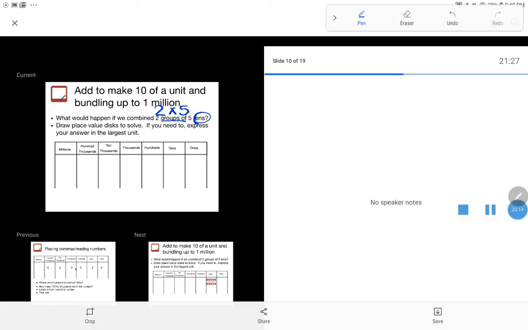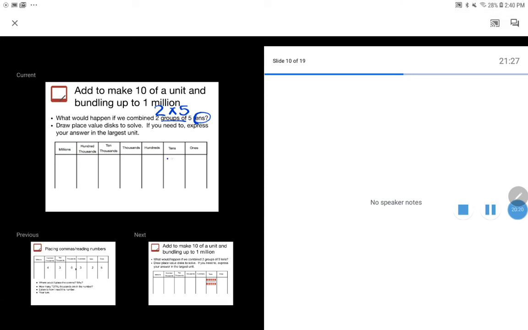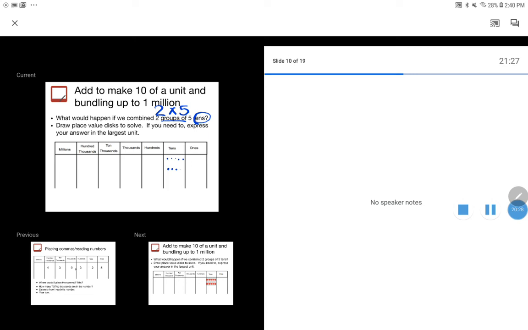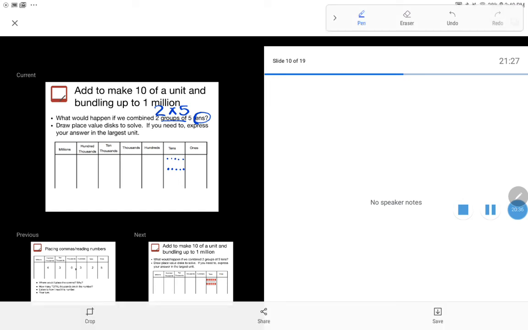So in your tens place value, I want you to draw 2 groups of 5.